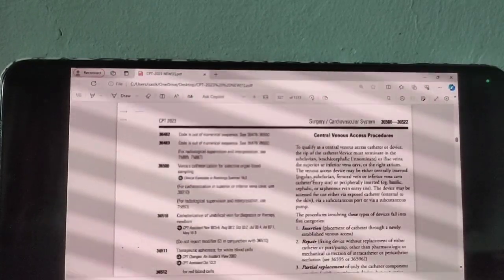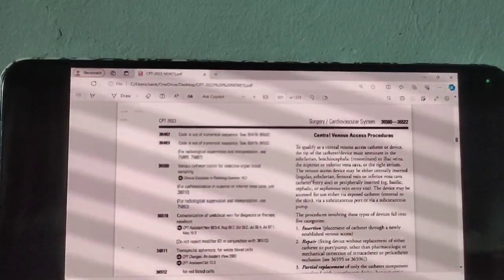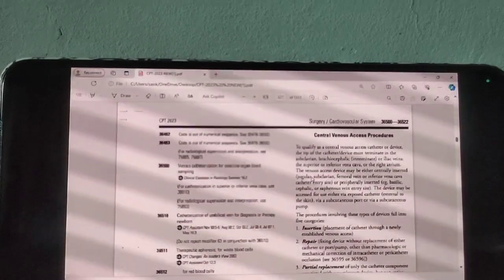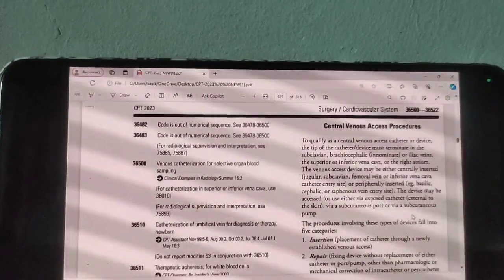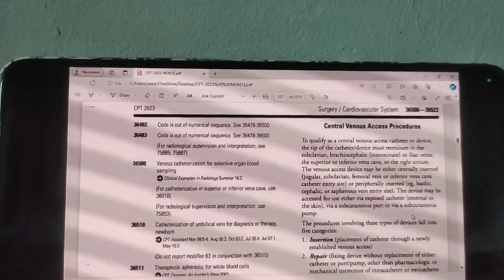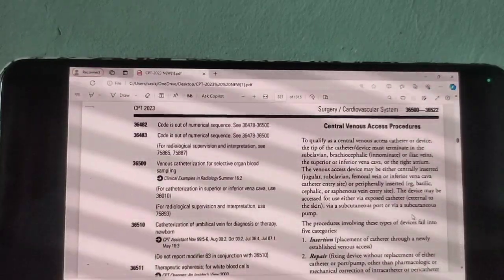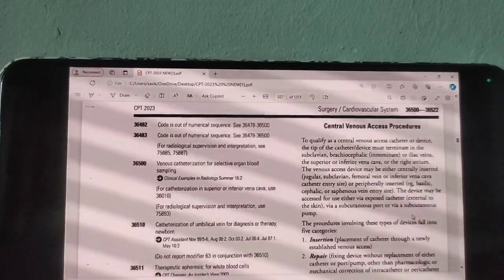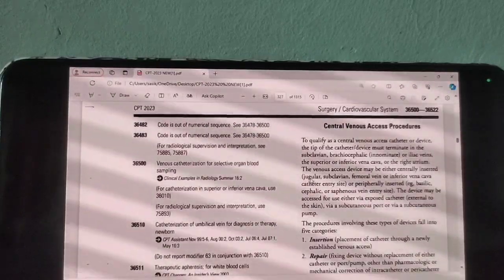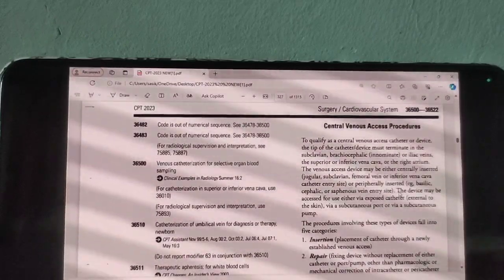See, if the entry site of the catheter is jugular, subclavian, femoral vein or inferior vena cava, it is CICC.